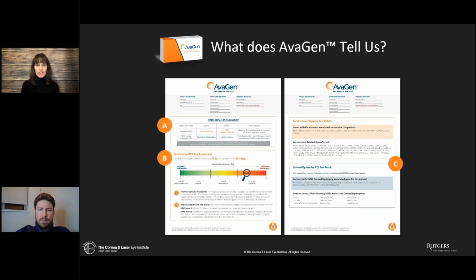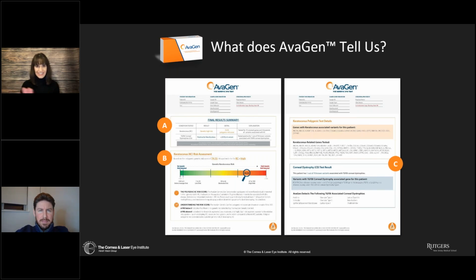This information also is not going to be shared. And there are genetic counselors for yourself and for your patients if you'd like to go over this information, which is quite helpful because I'm not a geneticist, but it's nice to know that I do have someone who can talk to my patient about all the genes related to keratoconus with them.